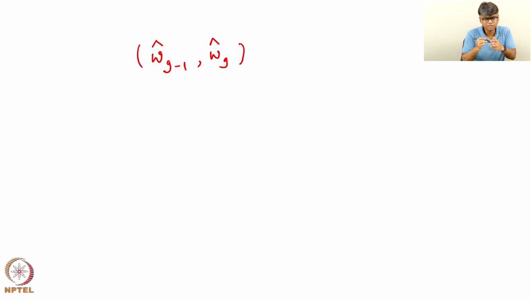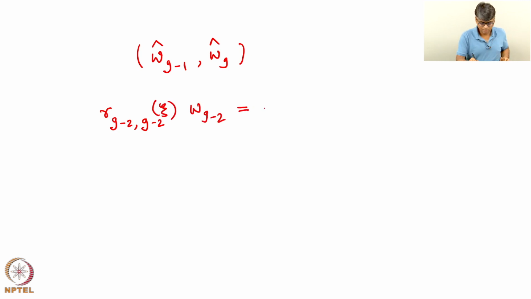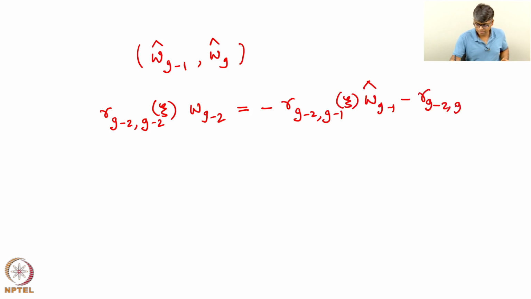So I have obtained, for the given initial condition, a pair of such functions, Wg minus 1 hat and Wg hat. I will use these two to get Wg minus 2. Why? Because my third from the last equation reads g minus 2 xi acting on Wg minus 2 is equal to minus of R g minus 2 comma g minus 1 xi Wg minus 1 hat minus R g minus 2 comma g xi acting on Wg hat.